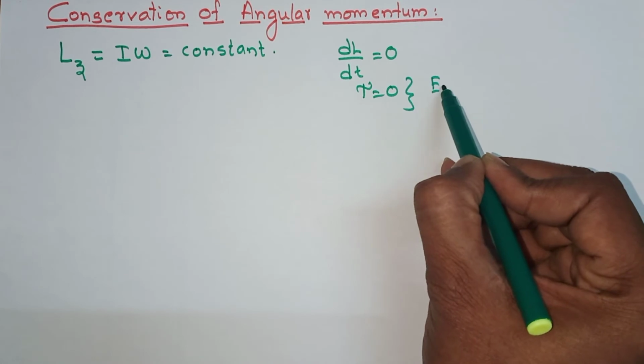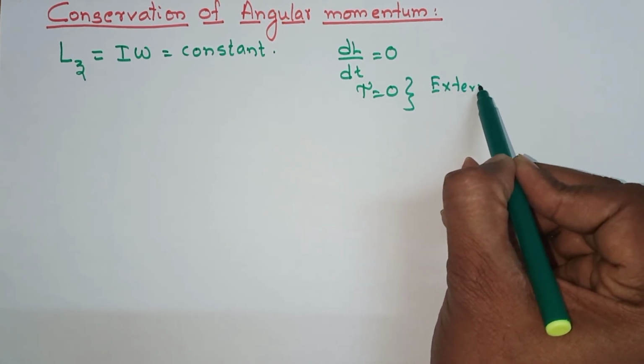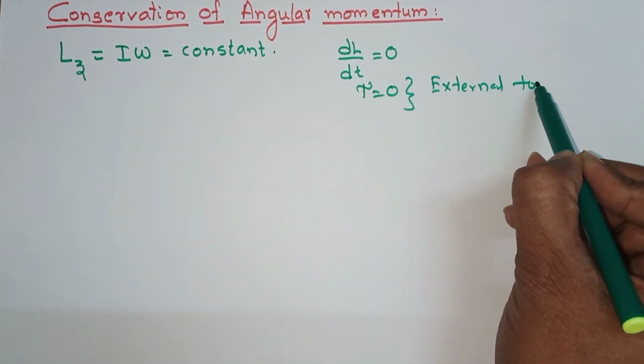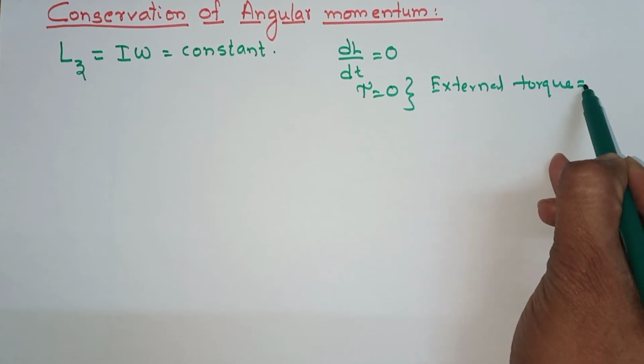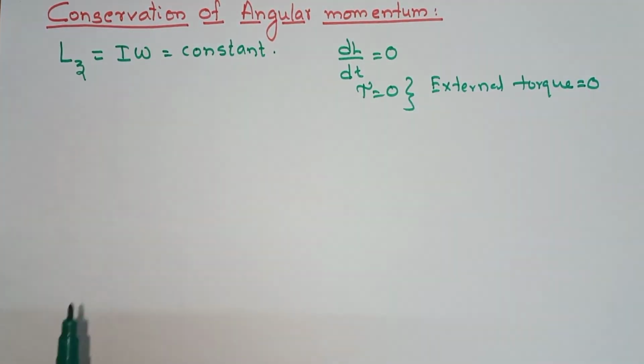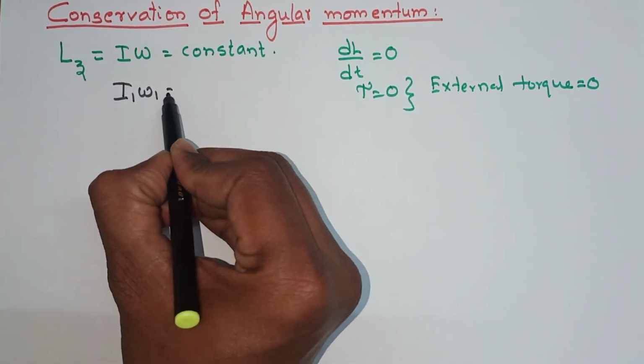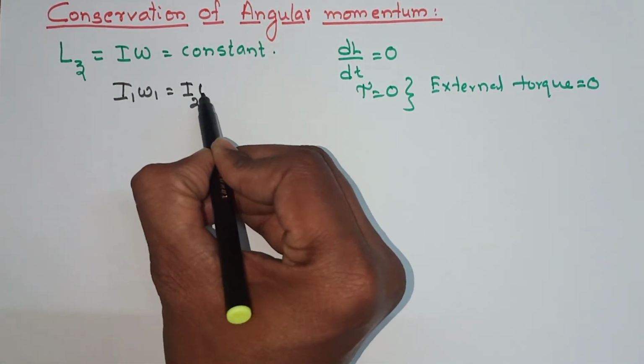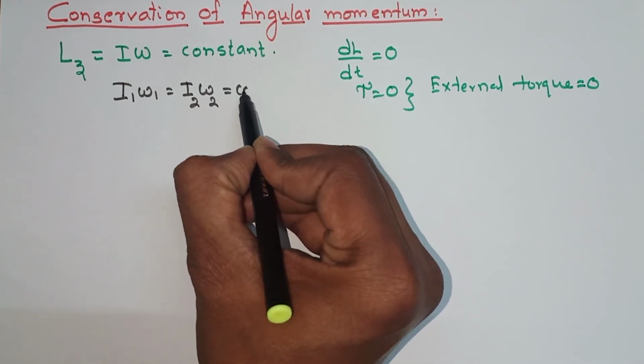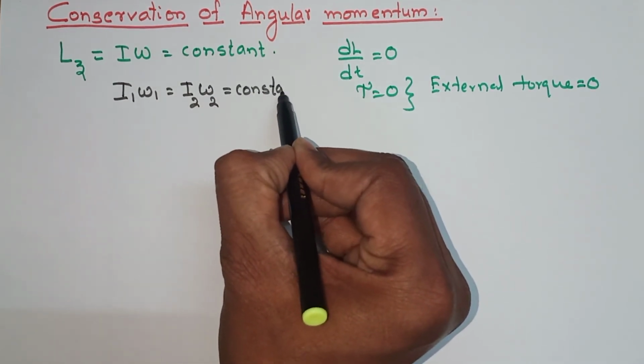This is indicating clearly that external torque is 0 when you are considering the angular momentum is equal to constant. Now how do you write this one? I1 omega 1 is equal to I2 omega 2, which is equivalent to constant.